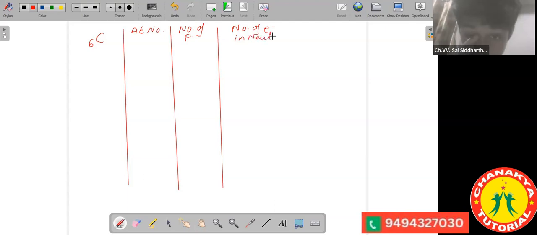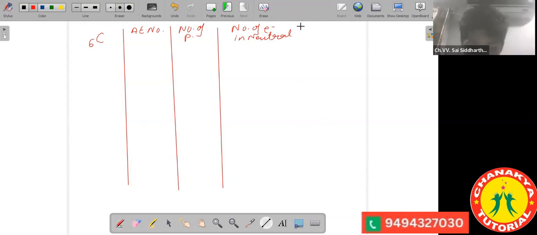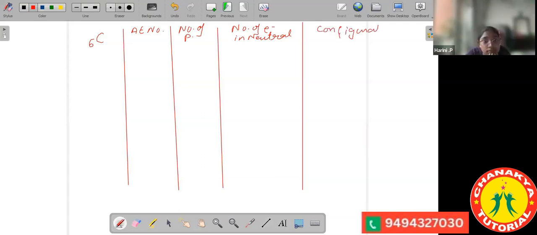If the atom is neutral, it will have the same number of electrons. And then I will write the configuration.